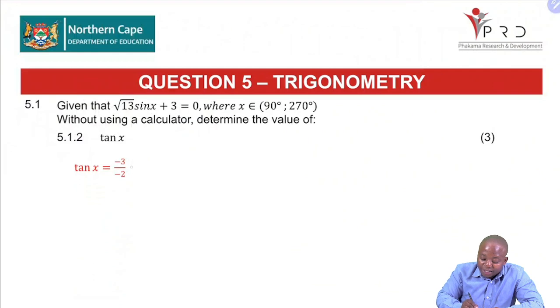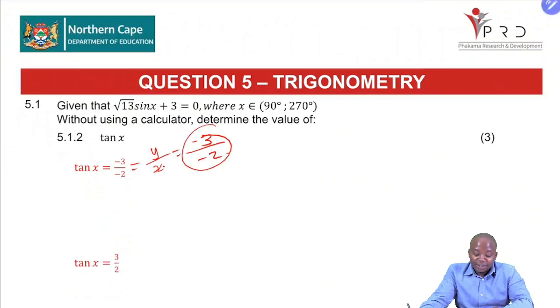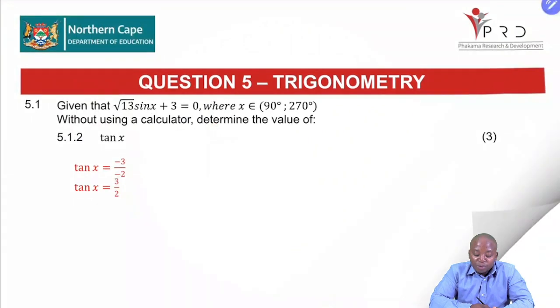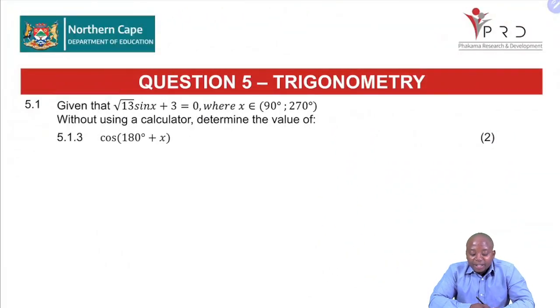We know that tan x equals y over x. Then our y was negative 3 from the sketch, and x was negative 2. So that is our tan x. Then we can now have that as a positive value, which is negative divided by negative, equals 3 over 2. Then find cos 180 plus x.